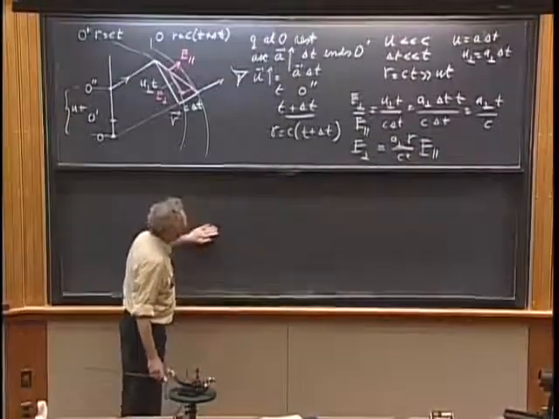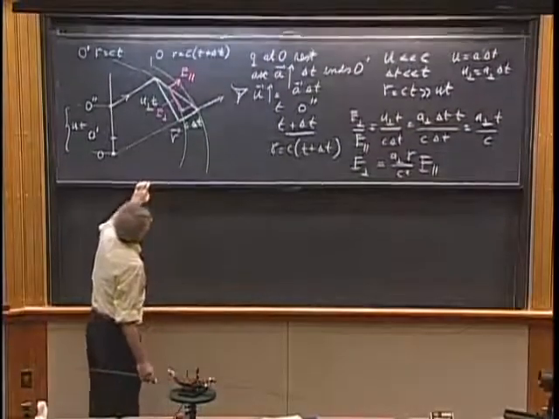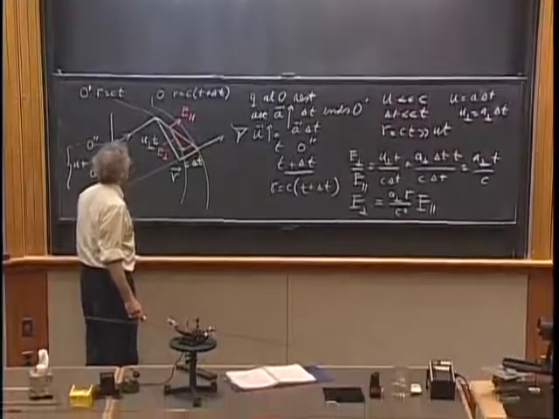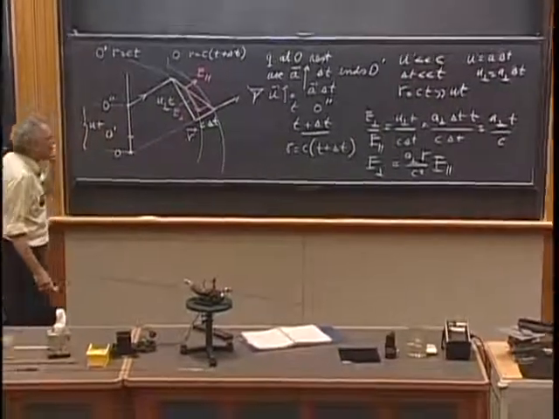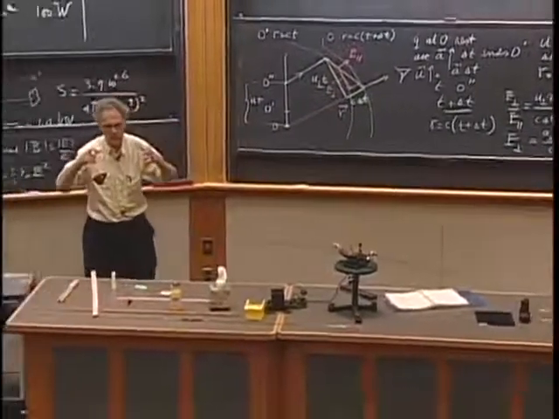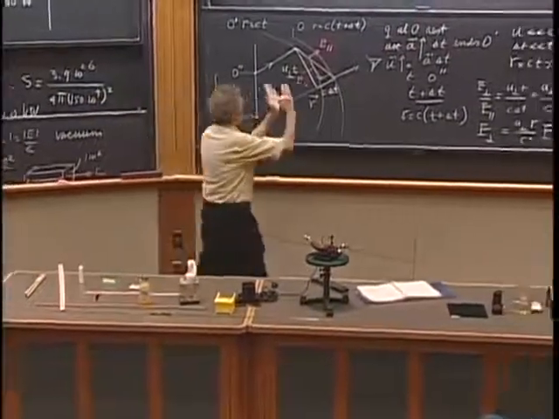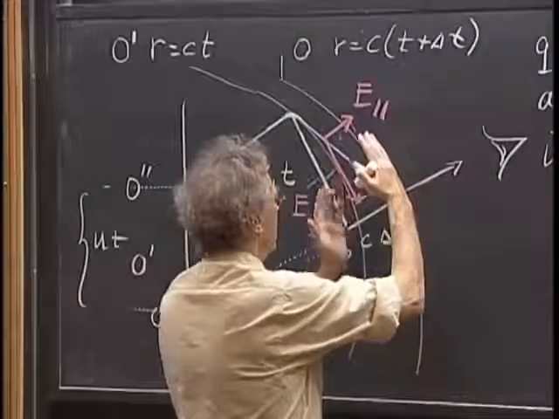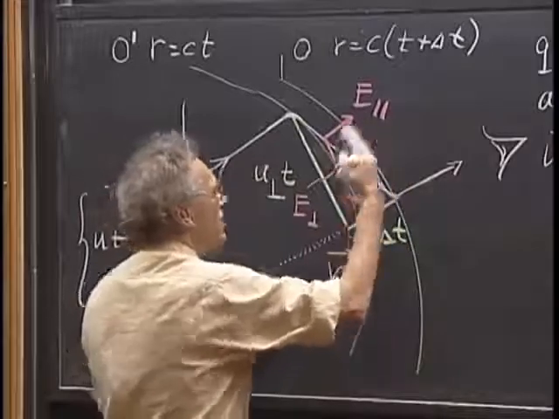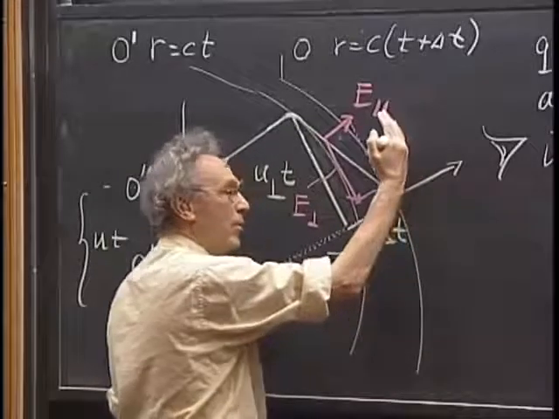How do we find E parallel? 8.02, Gauss's law. I make a pillbox. And the pillbox is going to be like this. I'll make a drawing of it. And this surface is here in the world that doesn't know yet what happened.